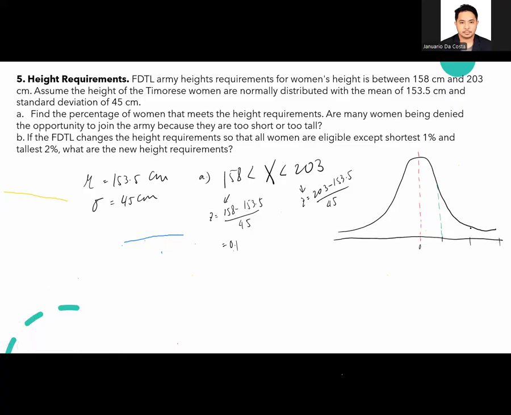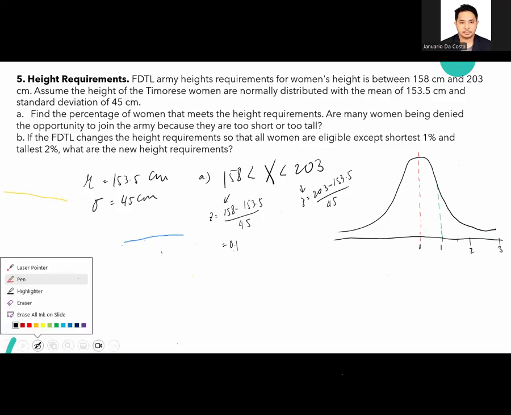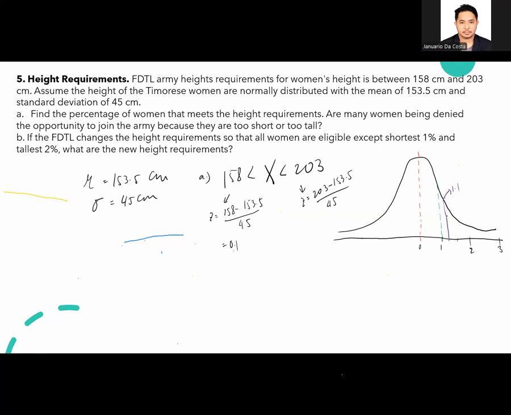So that means if this is 0, this is 1, this is 2, this is 3. So 1.1 is somewhere very close to 1 here. The green one is 1. The magenta is 1.1.